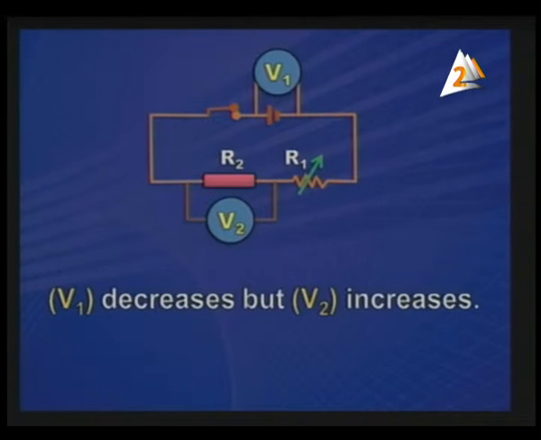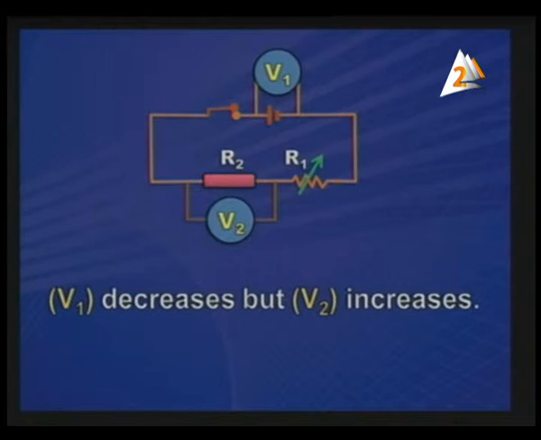Let me explain this. When R1 is decreased, what happens to the total resistance of the circuit? The resistance of one item of the circuit is decreased, so total resistance is decreased. This increases the current through the battery.